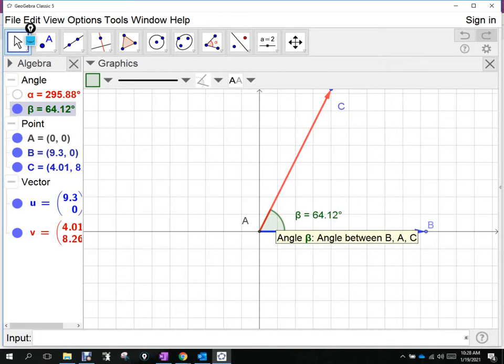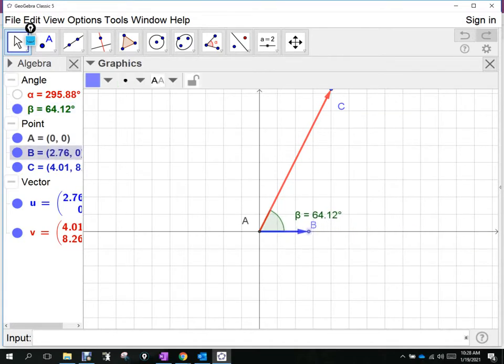That is the measure of our angle. Does the measure of that angle change at all when the length of that ray changes? No.